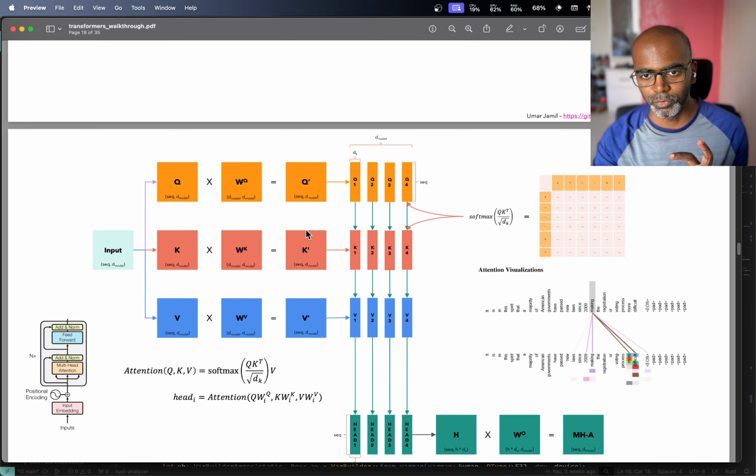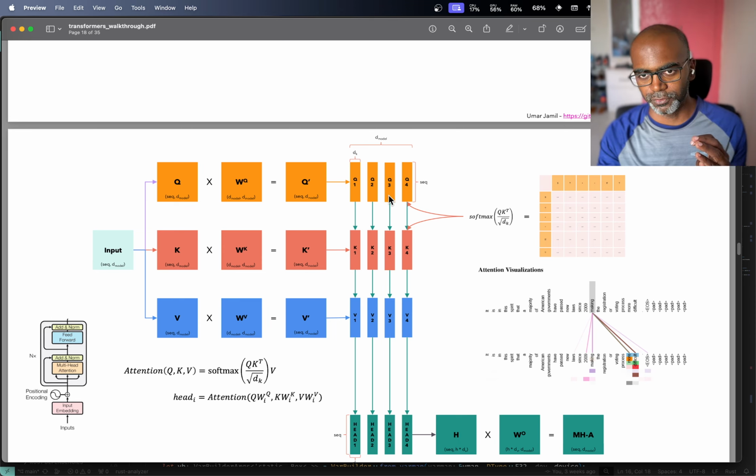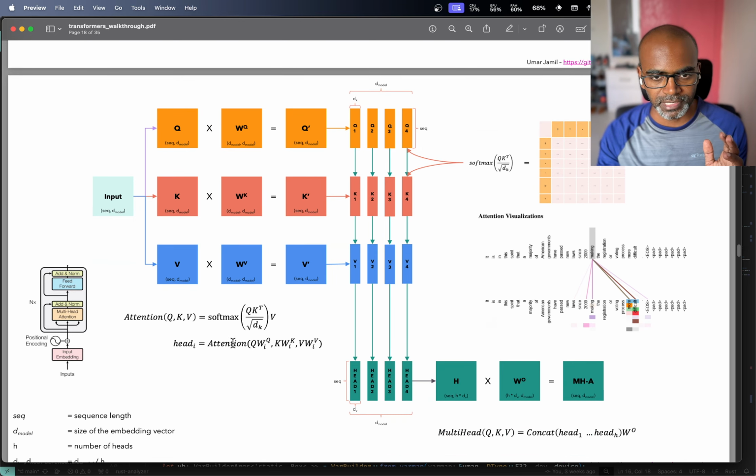You get something called Q prime, K prime, and V prime. That is what you split up into smaller matrices. Each one is a head. So if you divide Q prime into four, that's four heads, then K and V. Then you do the same calculation, and that is what becomes the actual result.